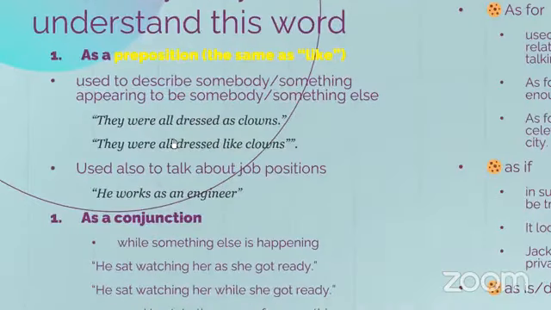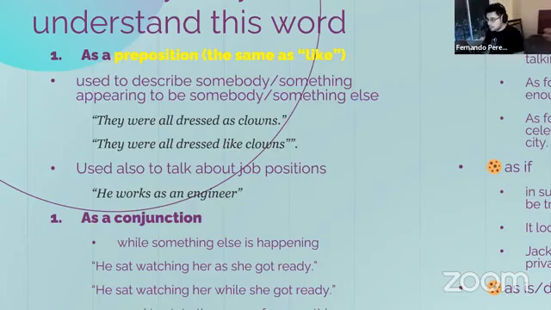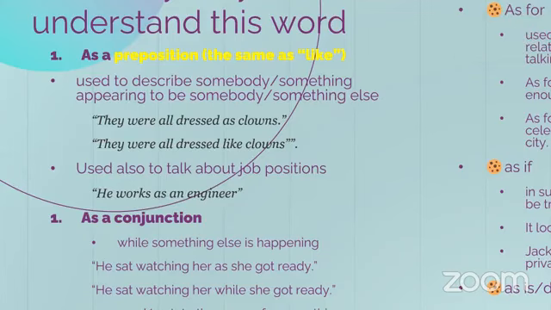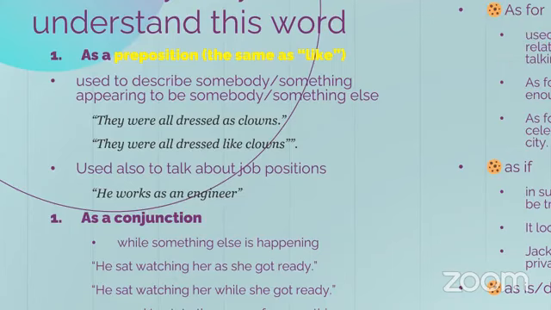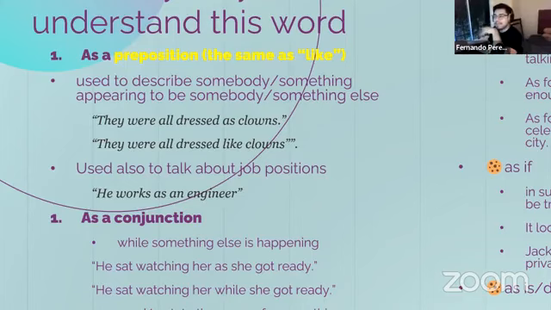As a preposition, the same as like. Used to describe somebody or something appearing to be somebody or something else. They were all dressed as clowns. They were all dressed like clowns. Do you see that in this case it's the same?